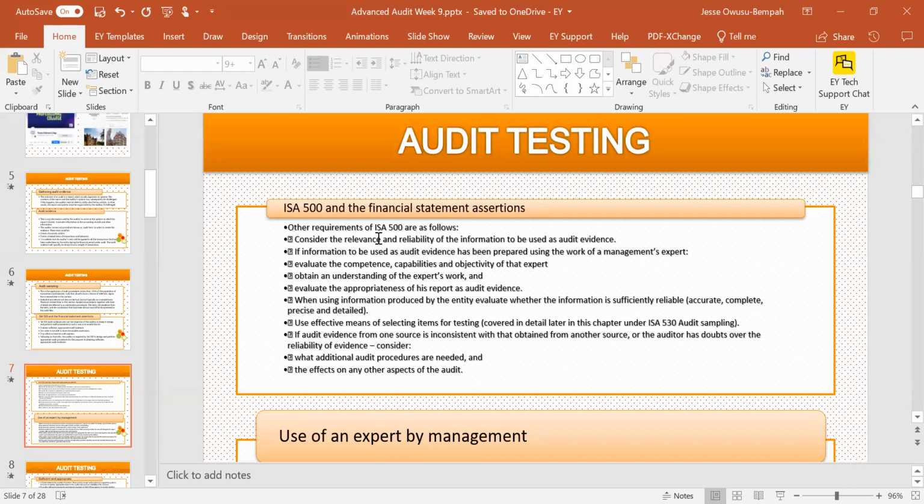So here, in order to assess the quality of that information, we need to evaluate the competence of that person. If the auditor himself selected the evidence, then we know the auditor should be someone competent.